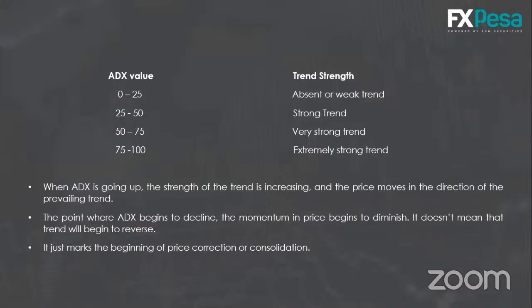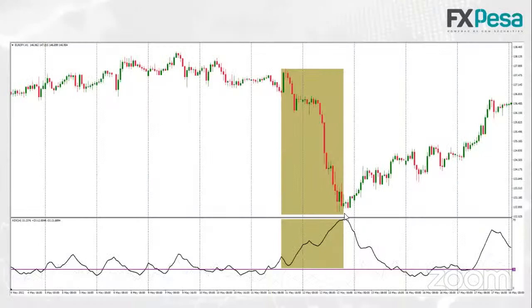That does not mean that the trend is reversing. It basically means that the momentum is starting to slow down. And as it continues to drop lower, it means that price might start to consolidate.